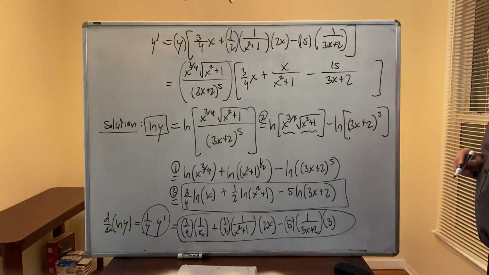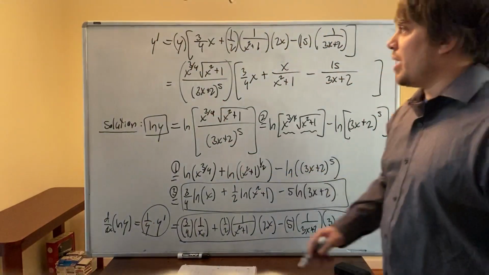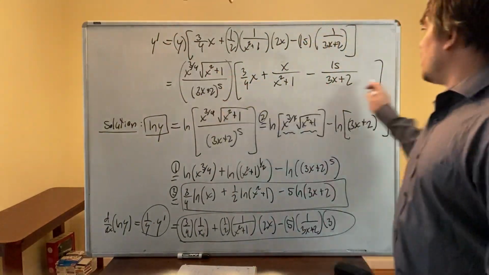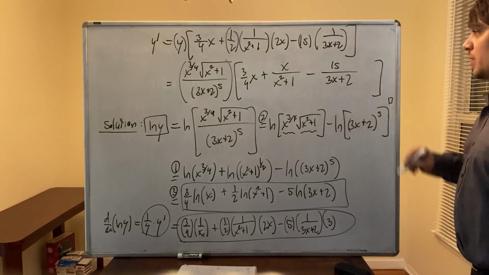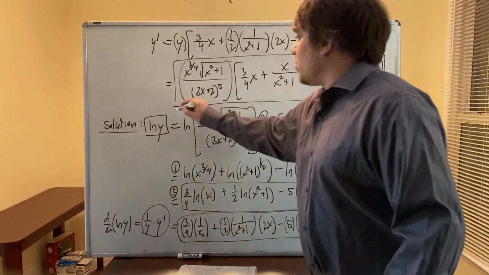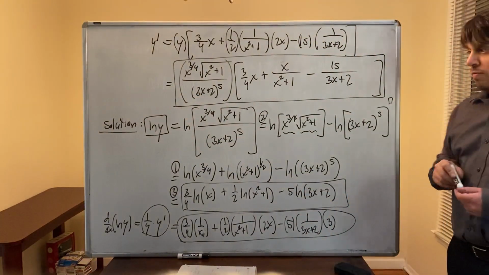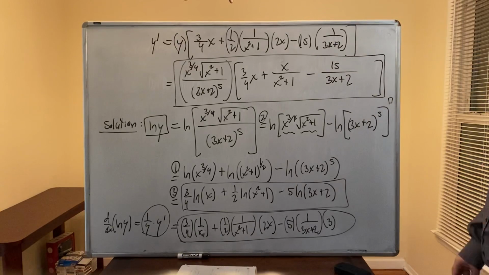All right? So the goal was to differentiate y, or find y prime, and we did. y prime is equal to that times that, and we're done. That's the answer. We differentiated y by finding y prime. y prime is that, and so that is the answer to that problem.